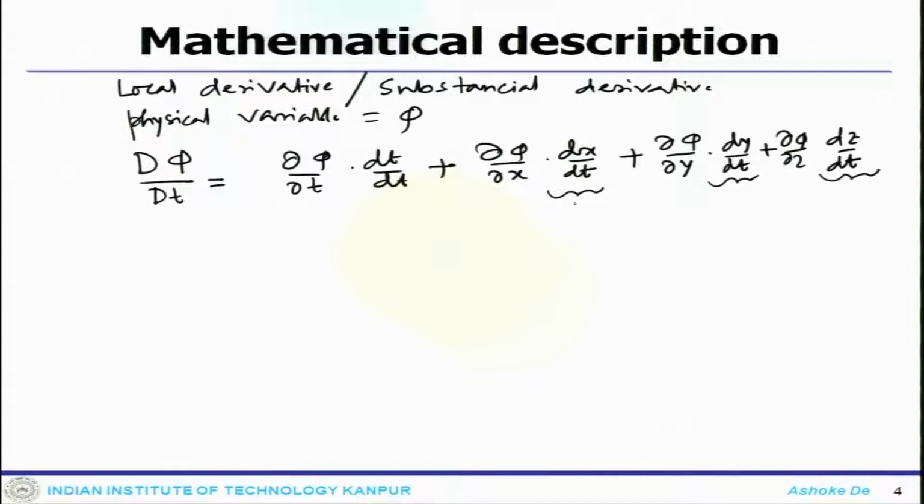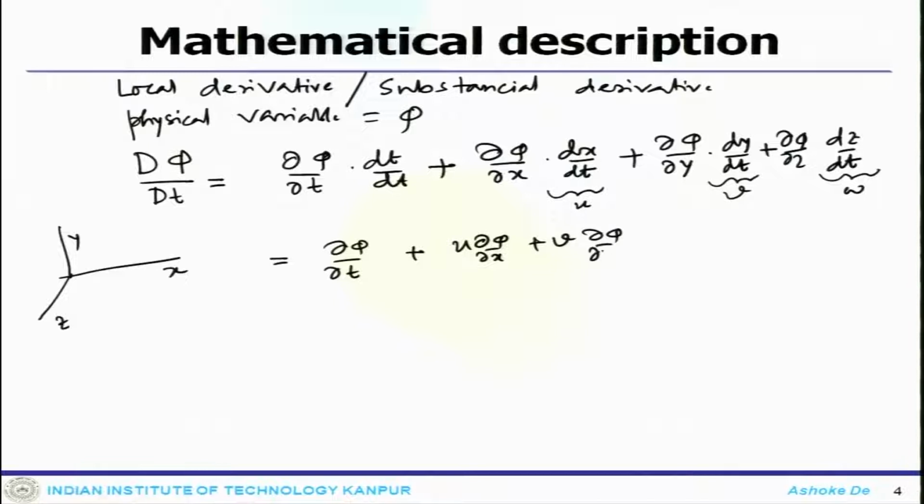So, these are nothing but your velocity components in different directions. If this is your coordinate system x, y, z, then these are the velocity components. So, this brings down to del phi by del t plus u del phi by del x plus v del phi by del y plus w del phi by del z.